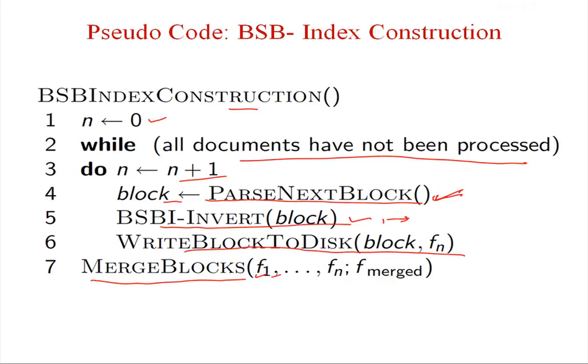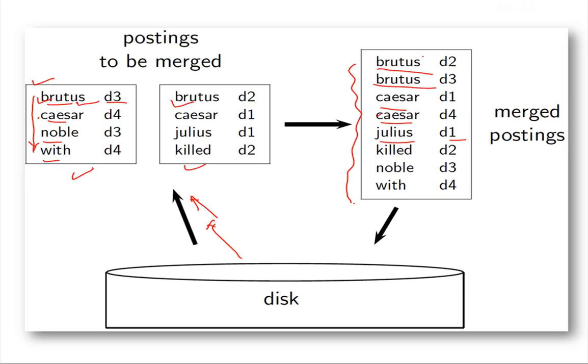Now let's go through this example. Actually, here we used the term directly, not the term ID. In the BSBI algorithm, the algorithm converts a term into a term ID. For example, suppose we write this as term 1, this as term 2, this as term 3, term 4.